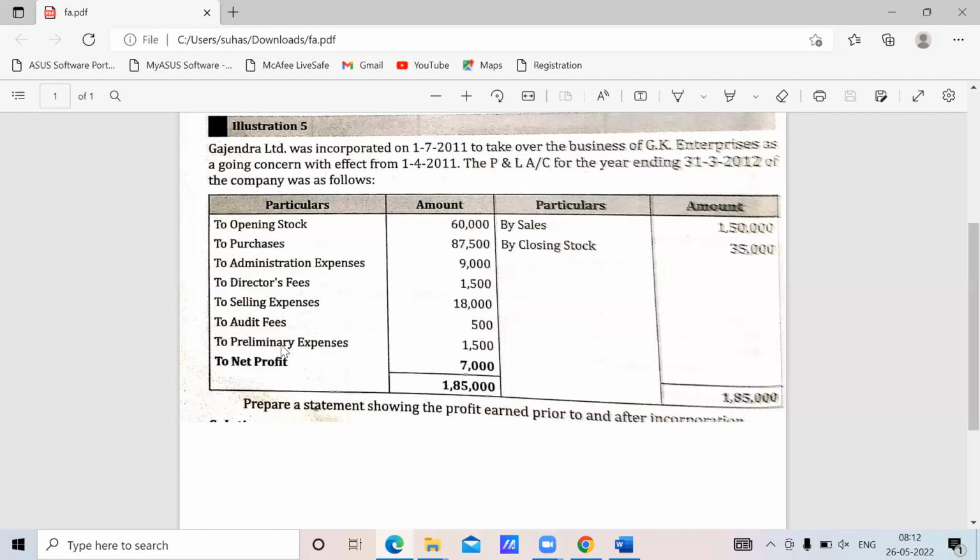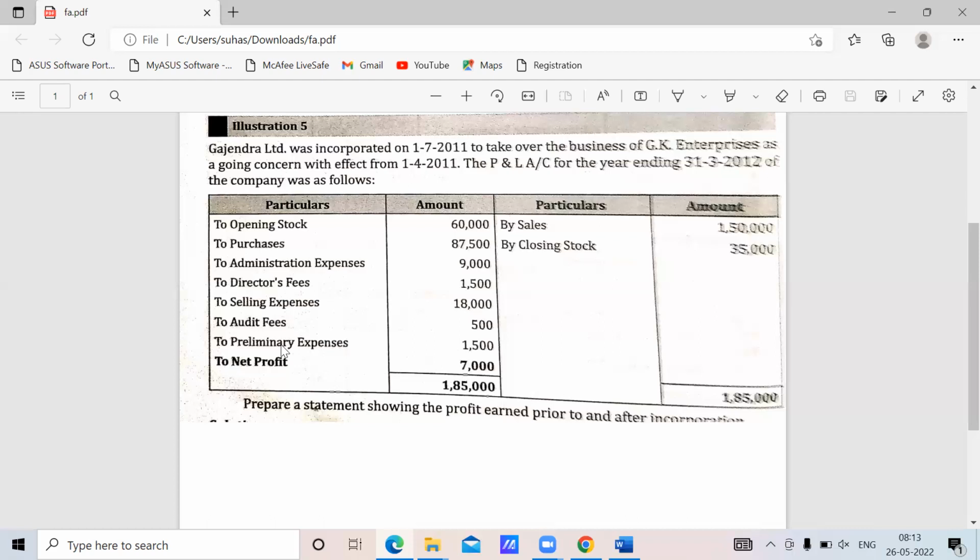Yes, sir. So total A is all the incomes, and total B is all the expenses. But how do we show the minus in the table, sir? Or is it something we do outside? Actually, we don't arrive at any minus figure.